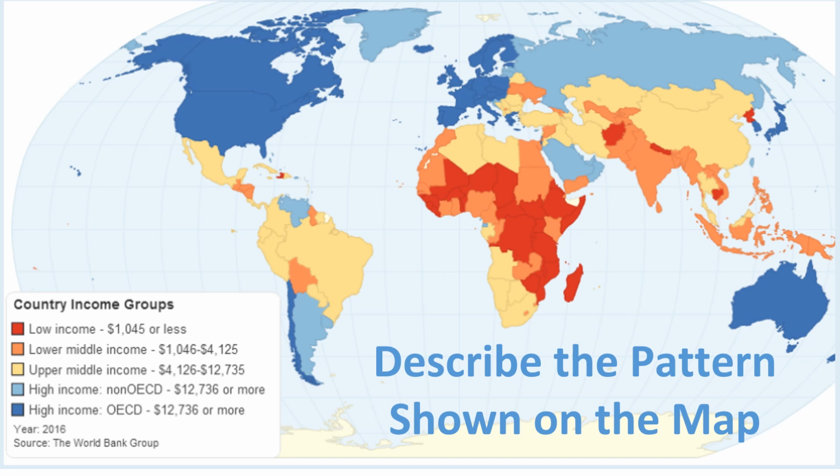All of these are part of the middle income brackets. And then in terms of where we're seeing those low income countries continue to be, sub-Saharan Africa, so that area just south of the Sahara. There's quite a few countries that are still in that low income area.